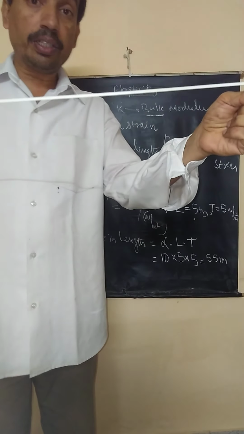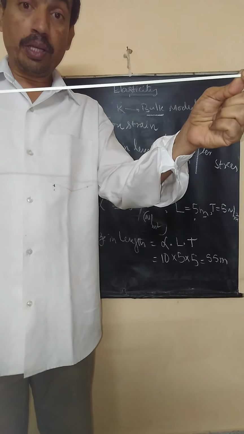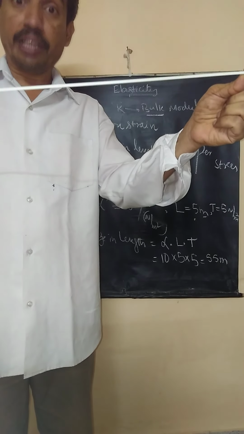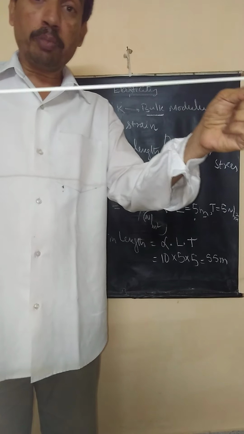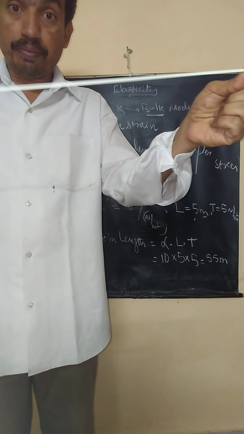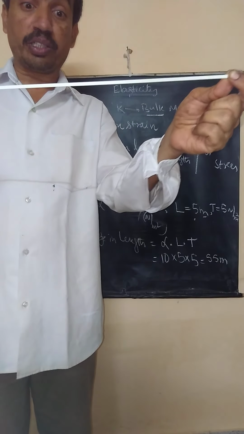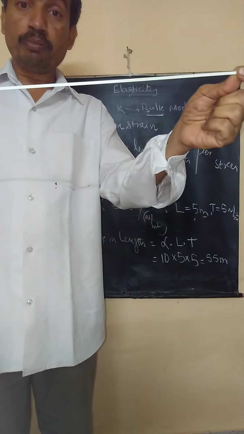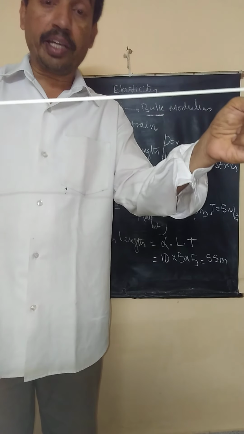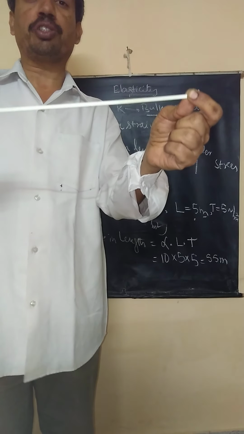Compression strain is the net decrease in the width per unit length per unit stress, perpendicular to the direction of the stress. Stress is applied like this, but the decrease in width is perpendicular to stress. So if length is increasing in one direction, there is a compression happening in the perpendicular direction.